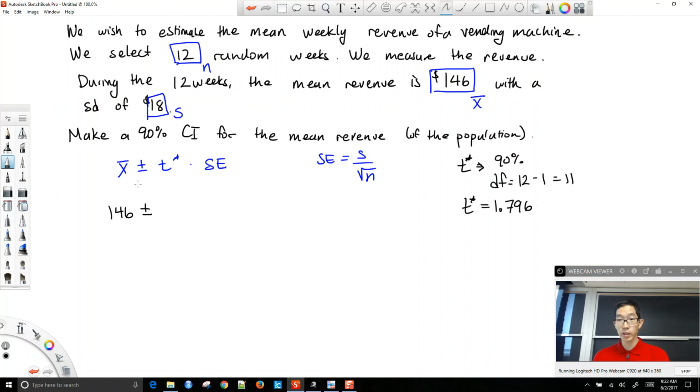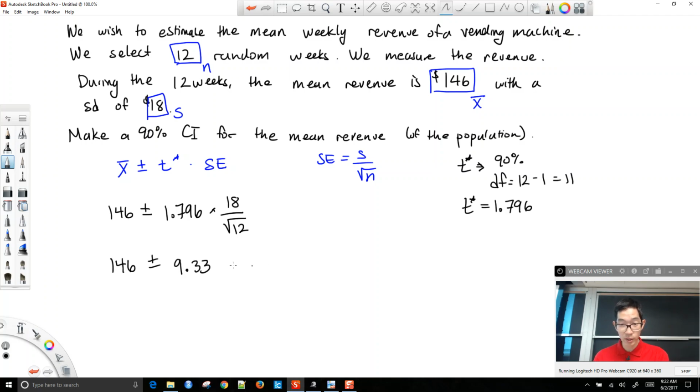So I've got 146 plus or minus 1.796 times s being 18 divided by the square root of 12. That gives 146 plus or minus 9.33.